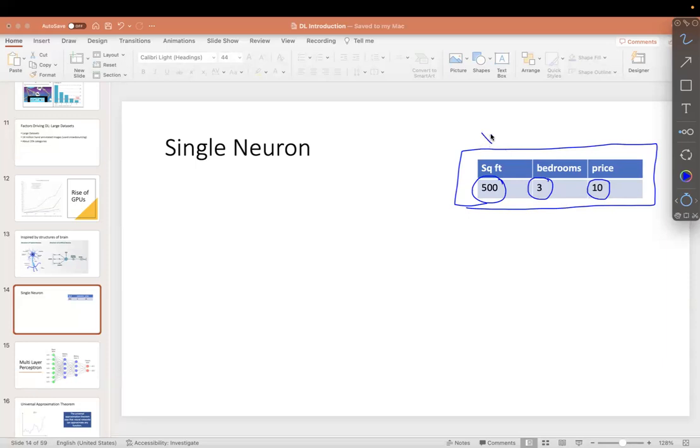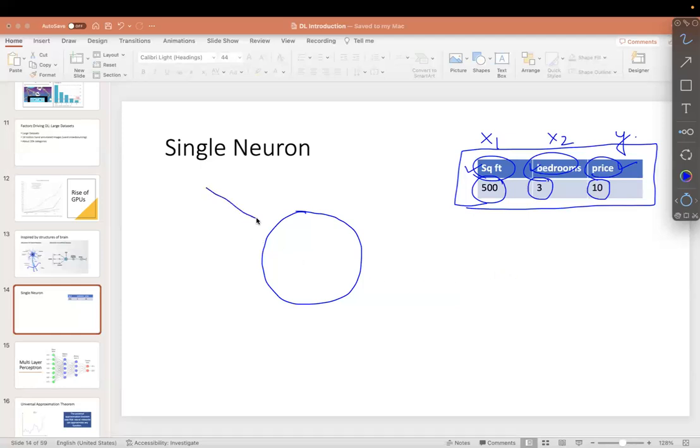So you can think there are two inputs, x1 and x2, and this is basically your y value. Now, this perceptron can act like a function which can transform these two values into the price. So if you know these inputs, you can convert to this particular outcome. This looks like a very simple regression model, right?